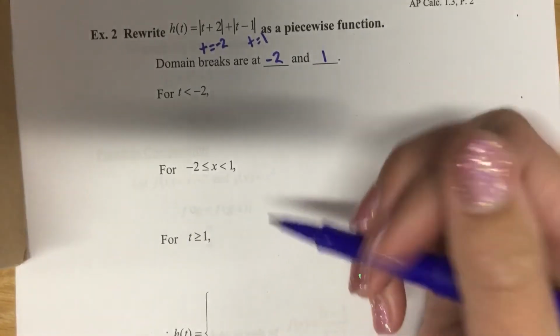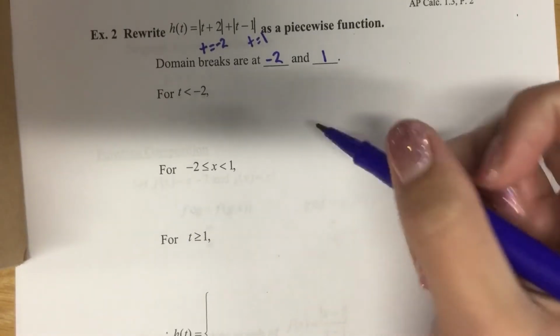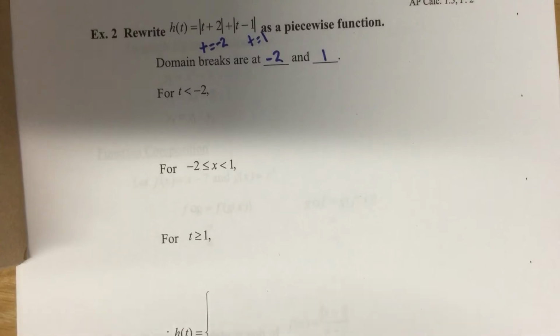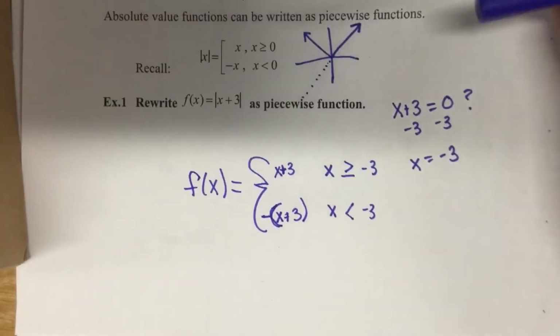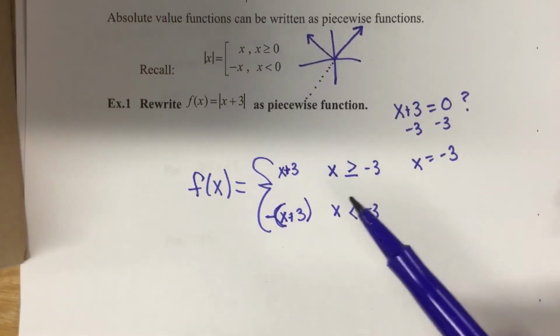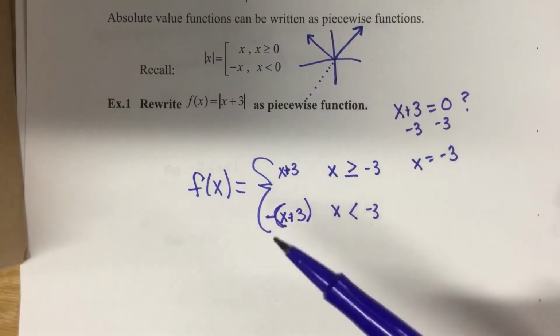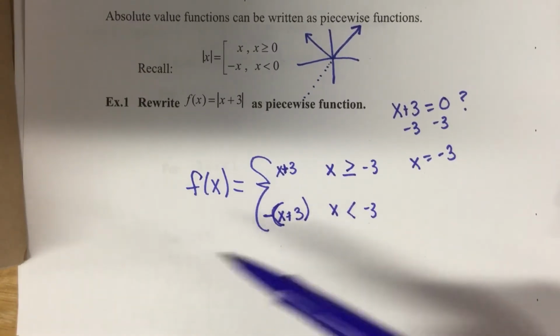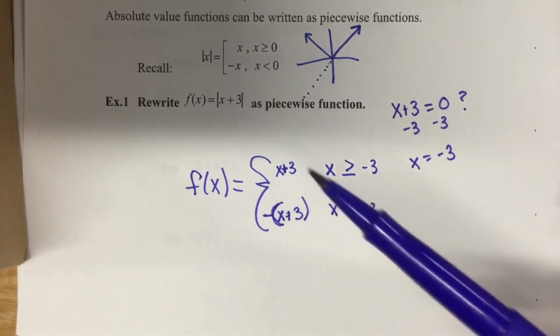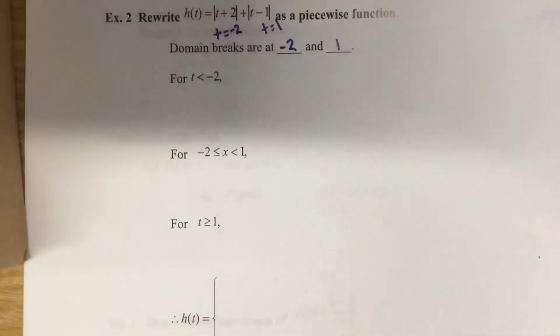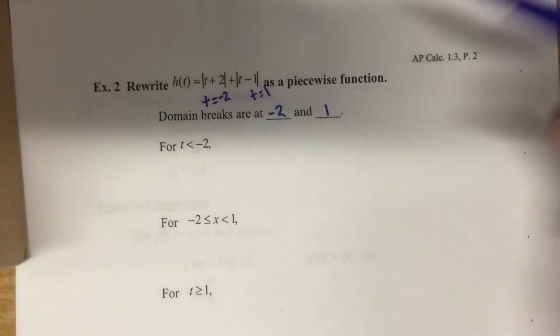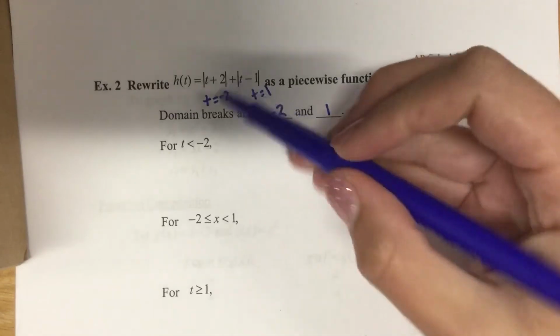So what we really need to think about here is before it was really simple because we knew that everything greater than or equal to, that was going to be the positives, and everything on the less than side was the negatives, right? We just had to flip it up. For this function, we have to look at, okay, we have -2.